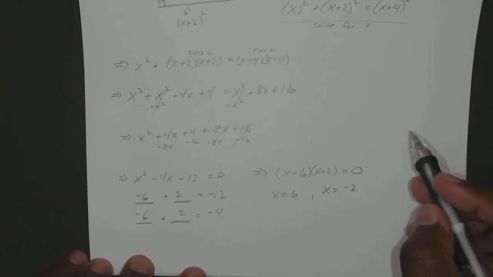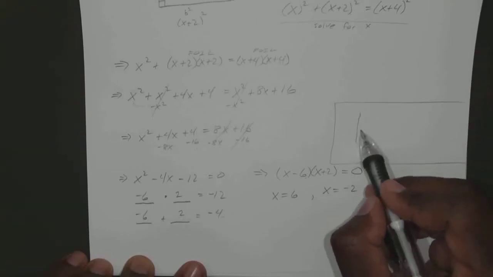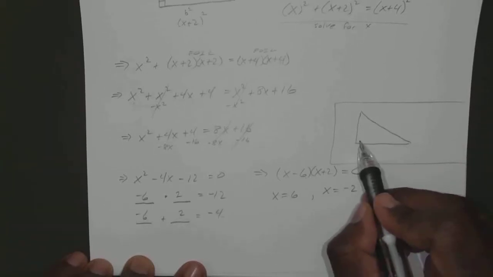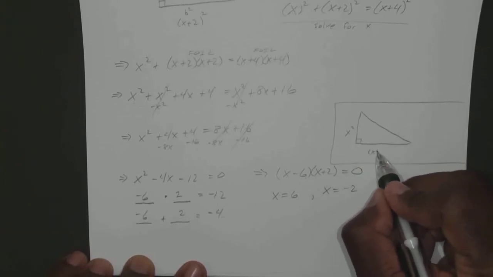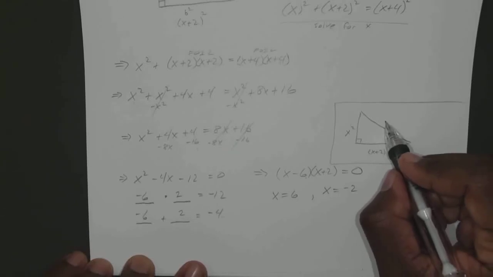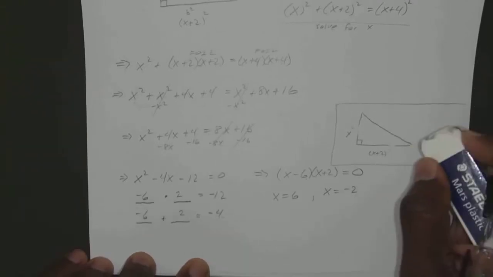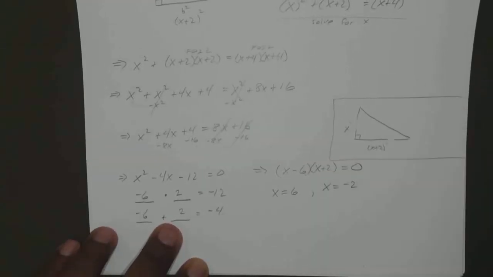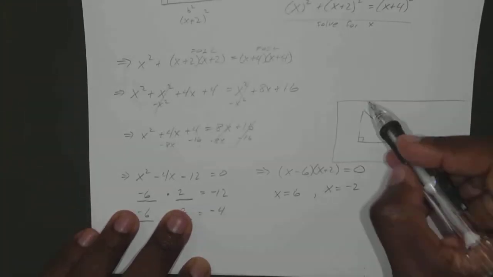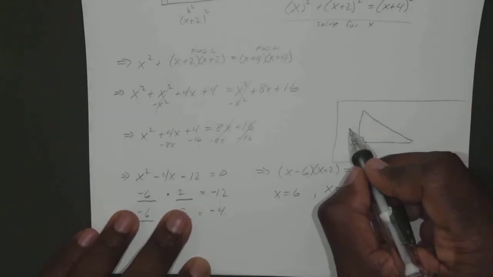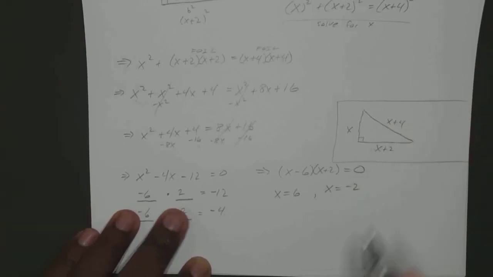Okay, I'm going to just redraw the triangle that we're actually working on. So you have x, x plus 2, and x plus 4.